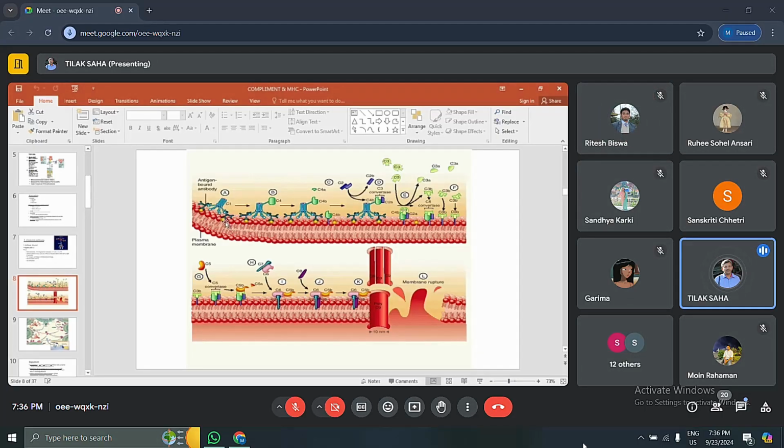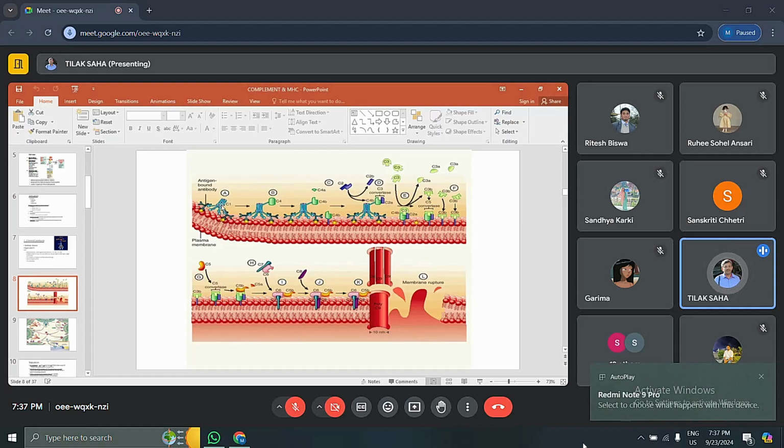If you know the structure of the antibody molecules, they have the variable region and the constant region, right? The constant region is also known as the Fc region. The Fc region binds to the heads of this C1 molecule, and the C1 molecule gets activated.